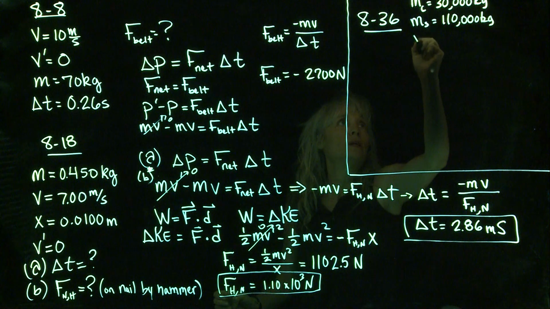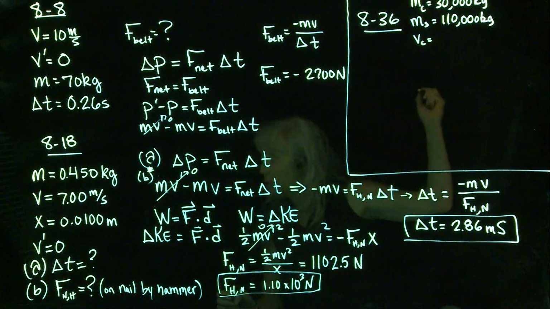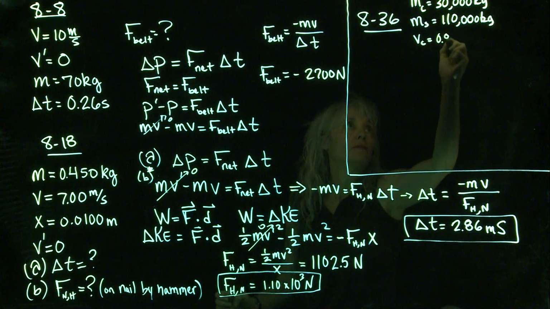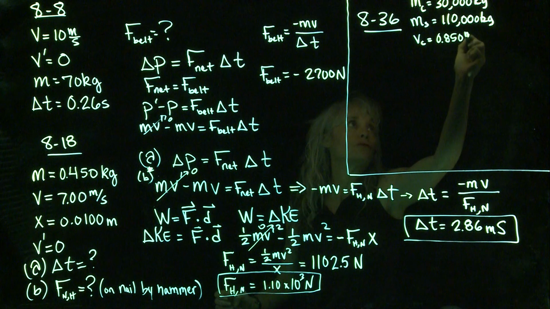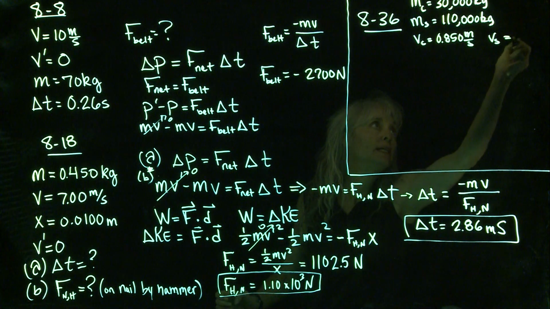We're told that the initial velocity of the car along the horizontal is 0.850 meters per second, and the initial velocity of the scrap horizontally is 0.